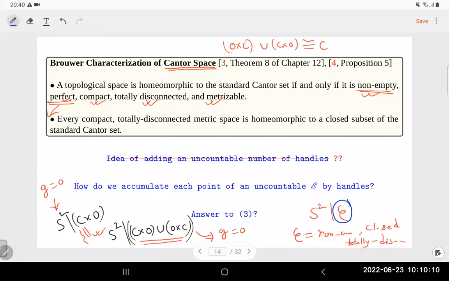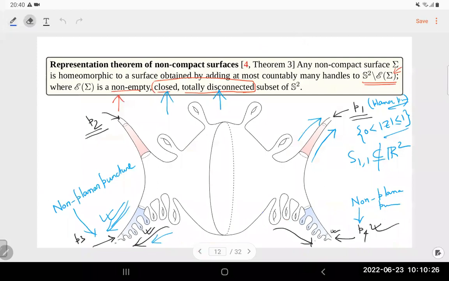In particular, this set can be uncountable, it can be the Cantor set, but I am considering at most countably many handles. So the deleted puncture set can be uncountable, but the number of handles is countable.